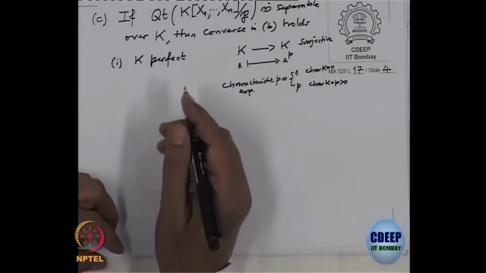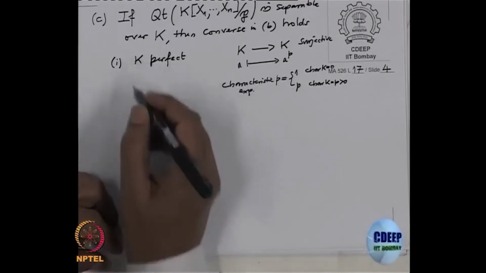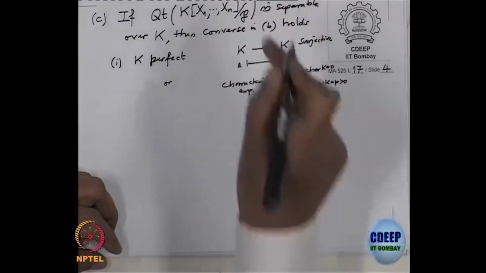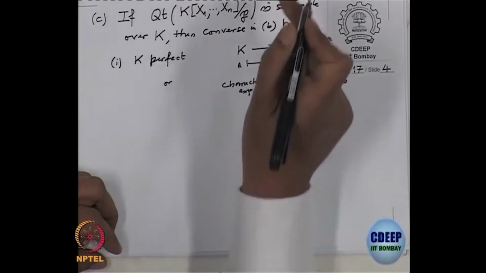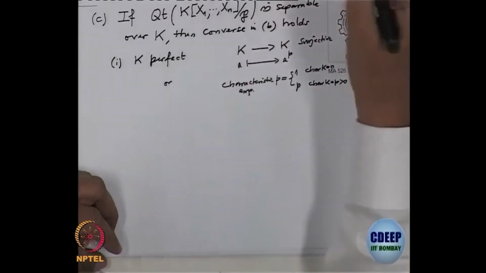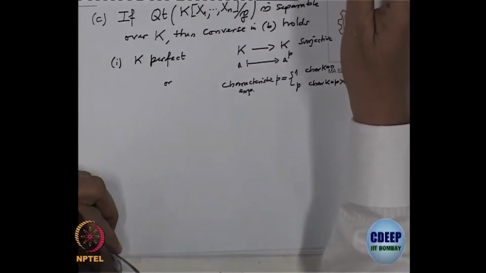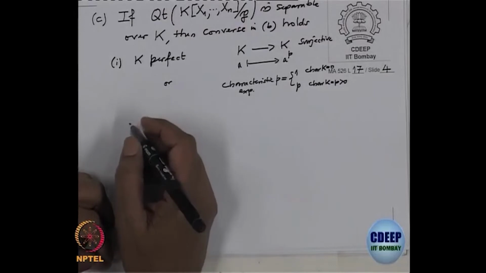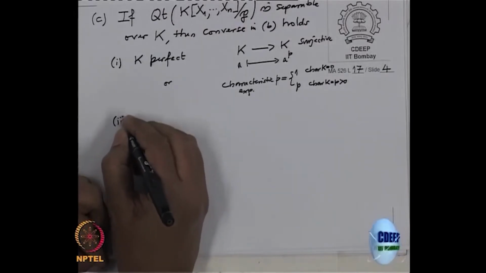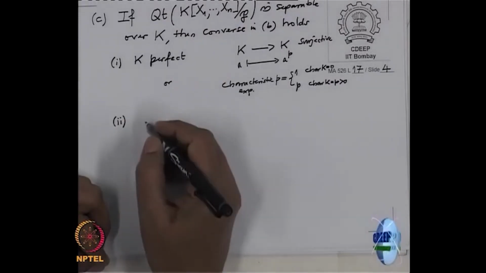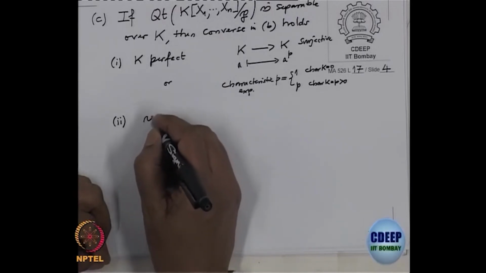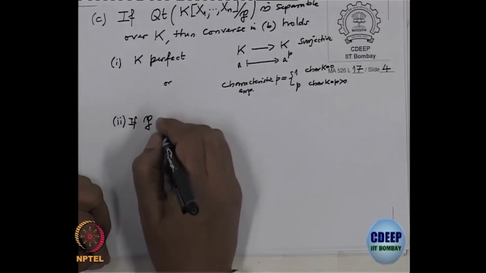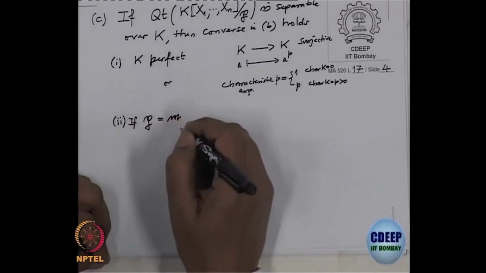So the equality in A can also happen without K being perfect. For example, it will happen when P is actually a closed rational point.